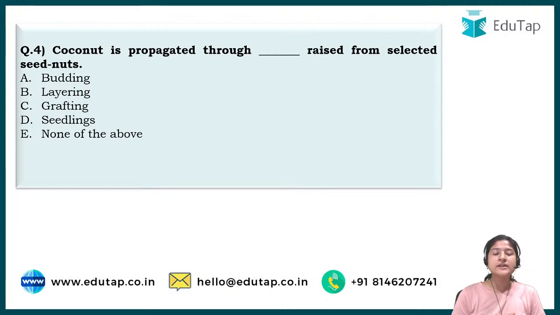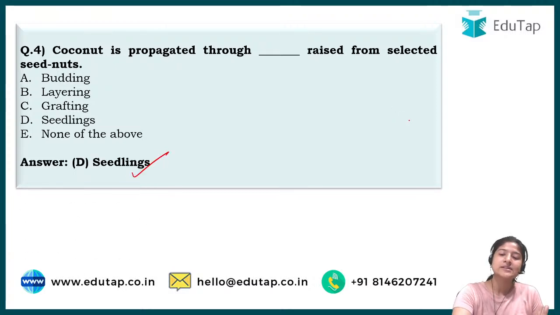Next is, coconut is propagated through dash from the selected seed nut. What does it mean? Basically, how do you propagate coconut, following are the options that you have to tell me from. So the correct answer to this is option number... Arun says seedling, and yes, the correct answer is seedling only. What is a seedling? It is nothing but when the seed has just germinated and it has at least 3 to 4 leaves, minimum 3 to 4 leaves with it.